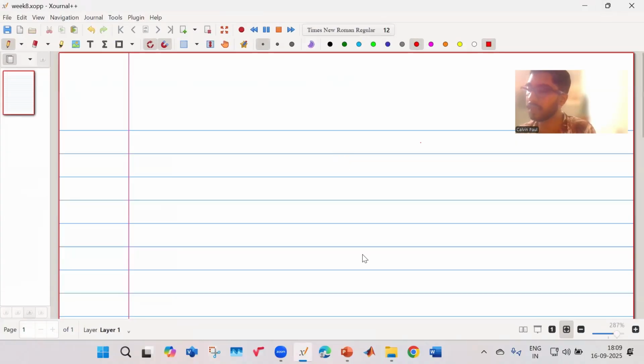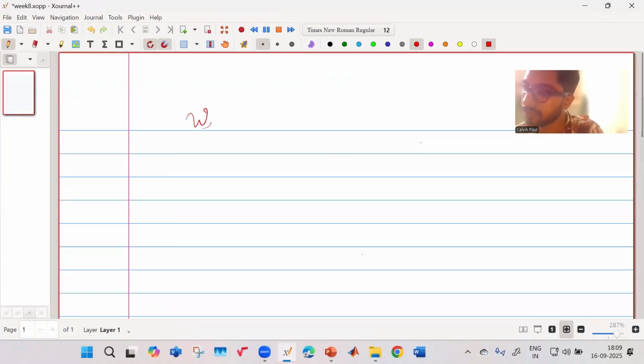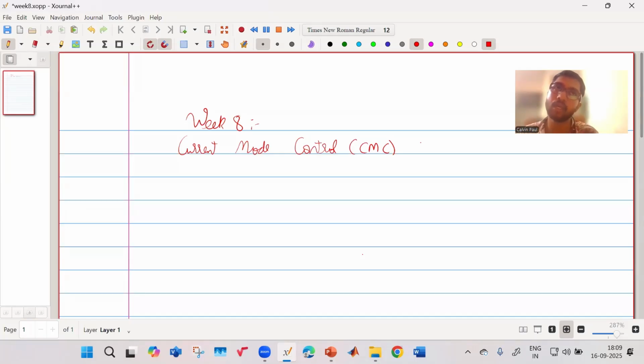So today is week 8. So we are doing current mode control. For a buck converter or for a boost converter, what is the transfer function in current mode control?